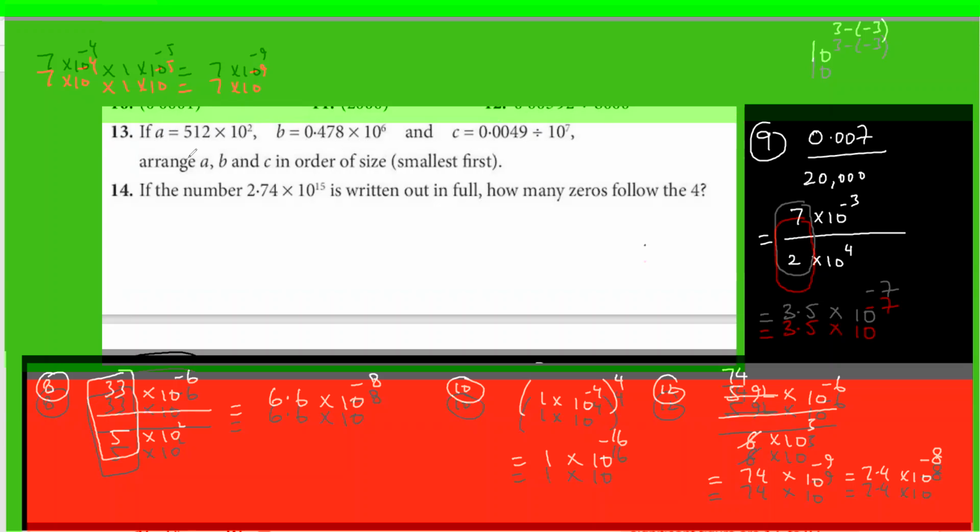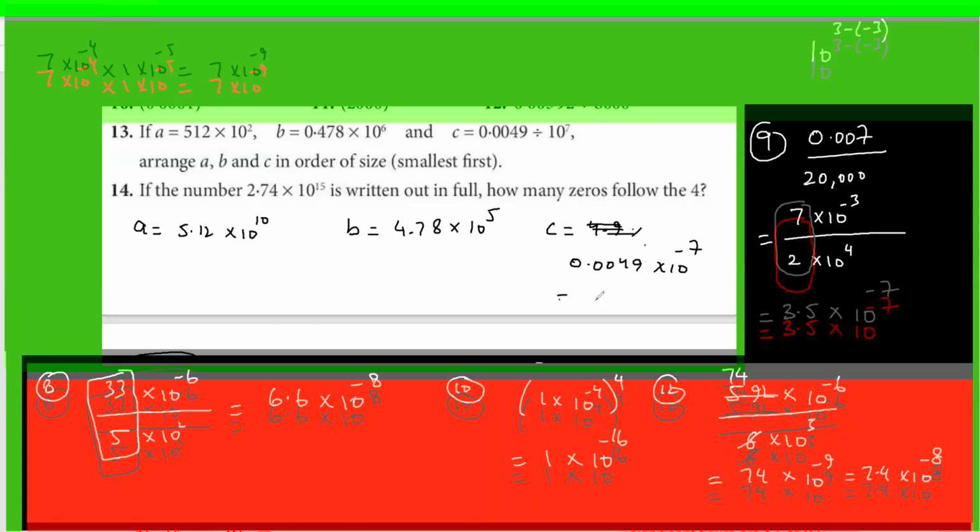Okay, let's see that. Let's write all of them properly in standard form. This goes down. So this is 10 raised to power 4. Your B is 4.78. It goes up, the power comes down. It is 10 raised to power 5. And your C is 4.9 into, oh, there was a division sign. So that is, first of all, oh yes, he has been very clever, guys. This is 0.0049 into 10 raised to power minus 7.